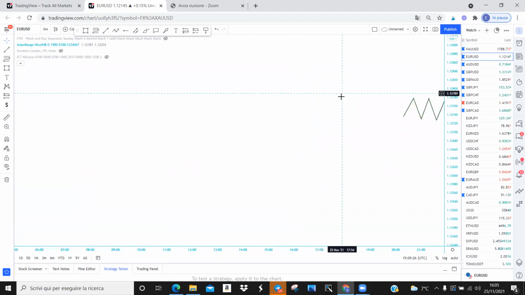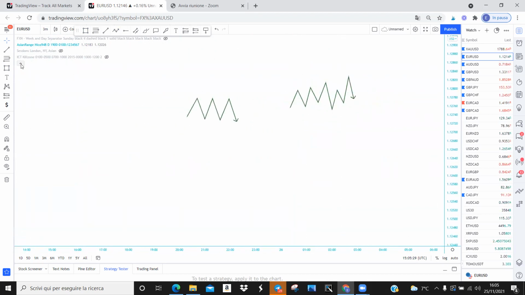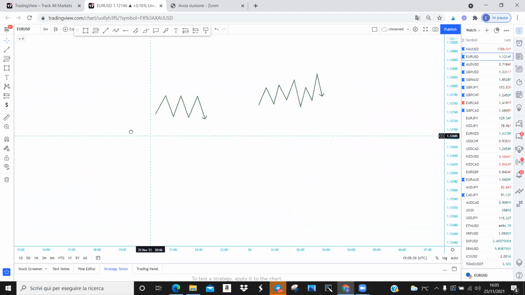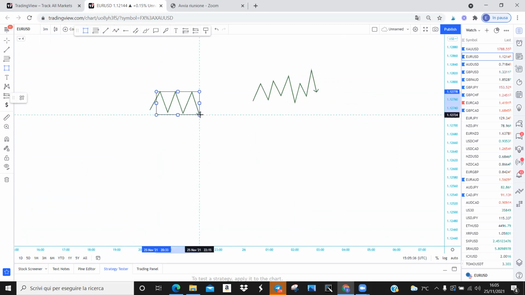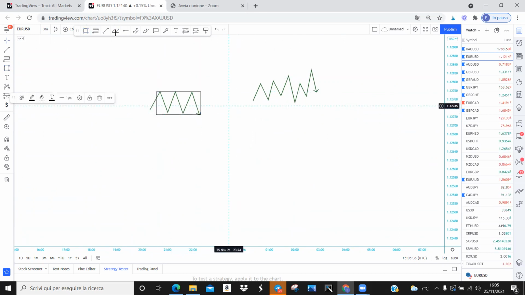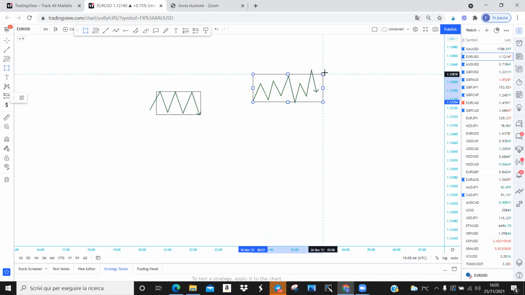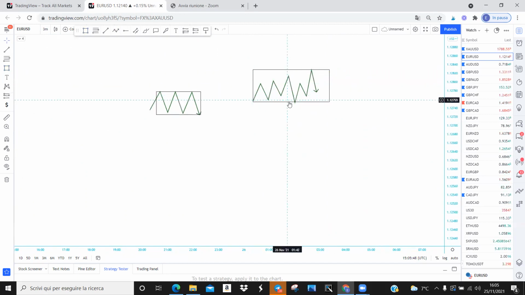So you can find it with that indicator, and it marks out your Asian range. I usually recommend to draw a box around your Asian range, in this case from the lowest point to the highest. Okay, and then you have your Asian range.